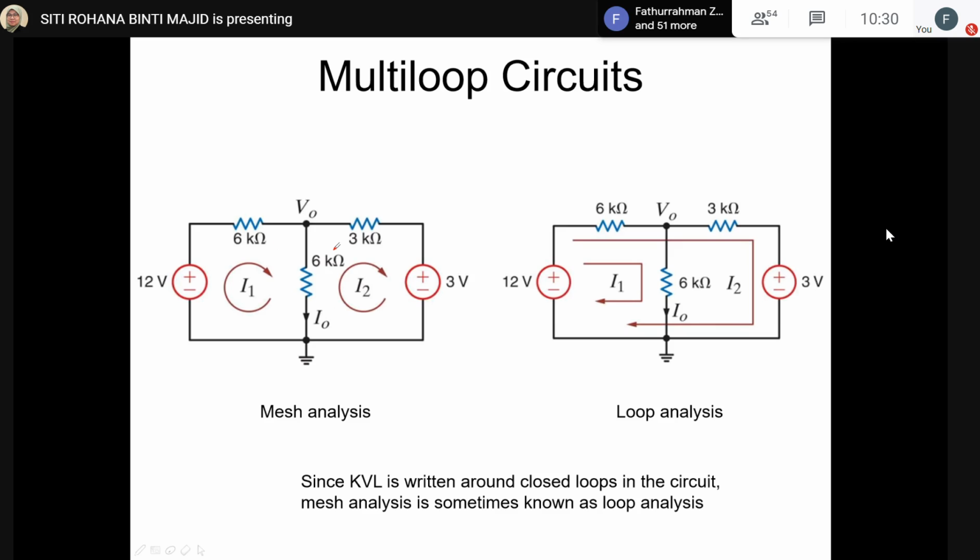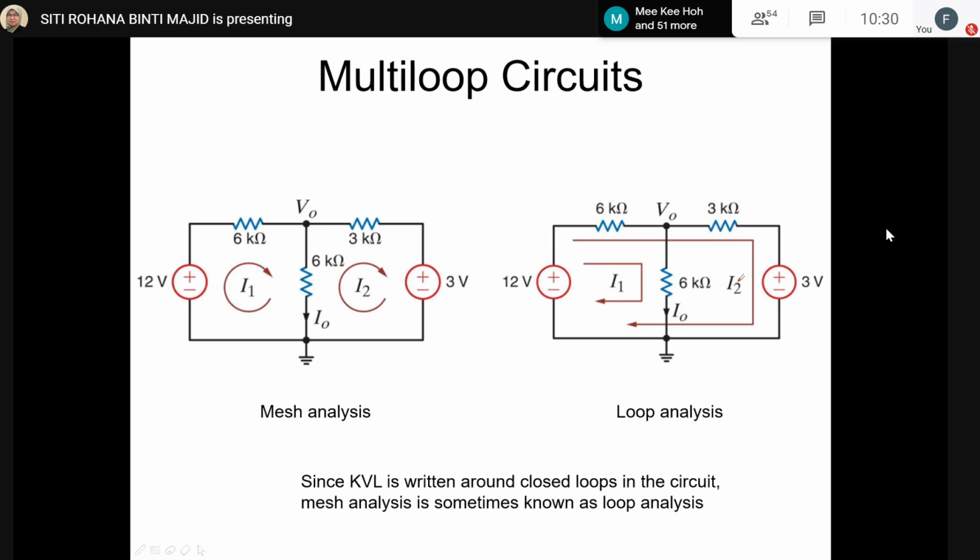So you should have the total current that gives impact to this resistor of 6 kilo ohm.